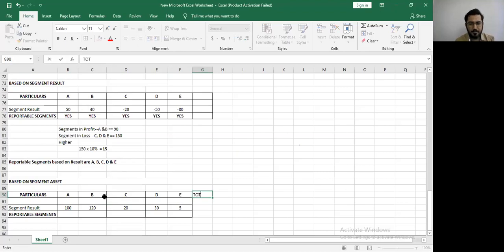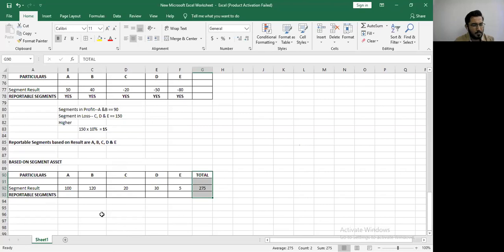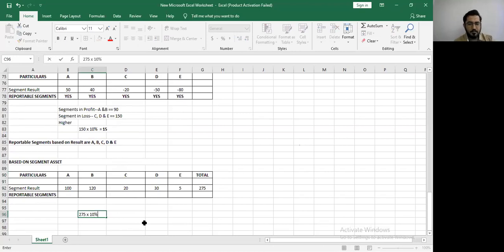You will need the total column over here. Your total asset will be 275. You have 275 into 10%, which comes to 27.5.